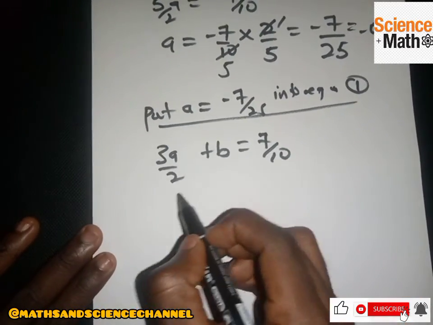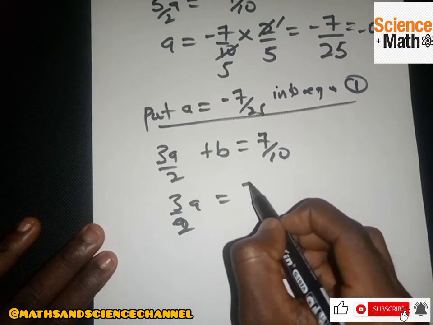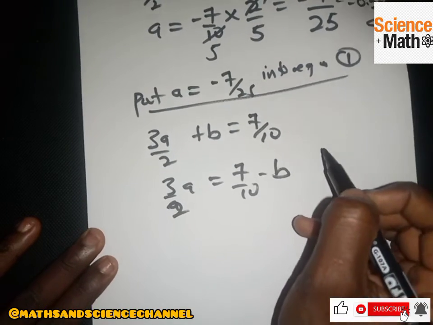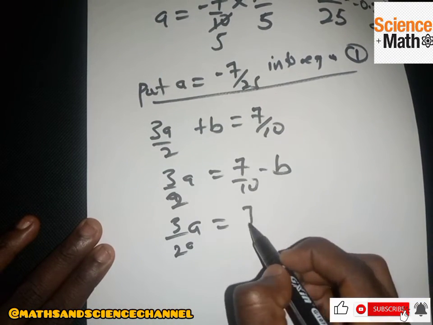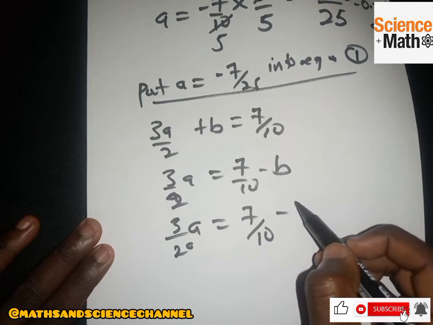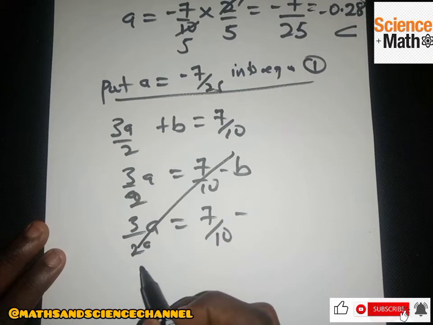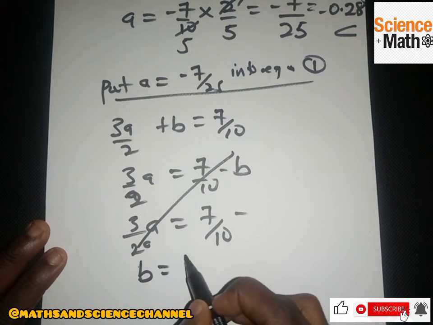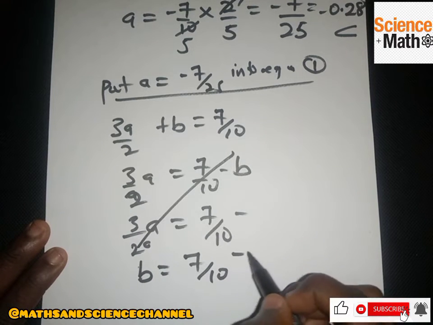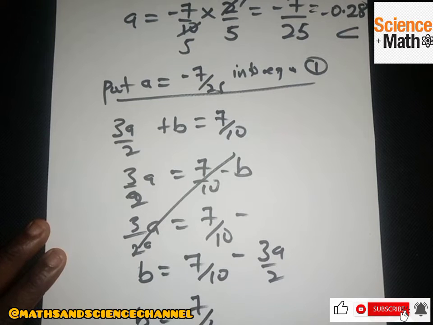So we have 3a over 2 being equal to 7 over 10 minus b. We are making b the subject from here, so b will just be 7 over 10 minus 3a over 2.